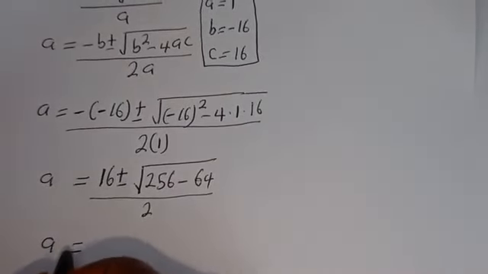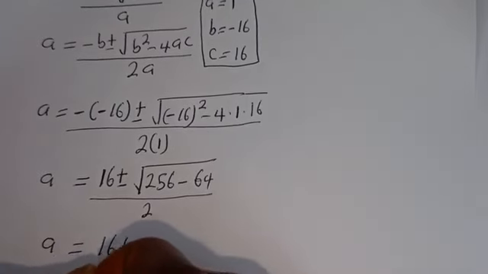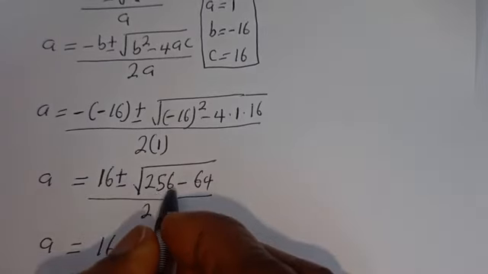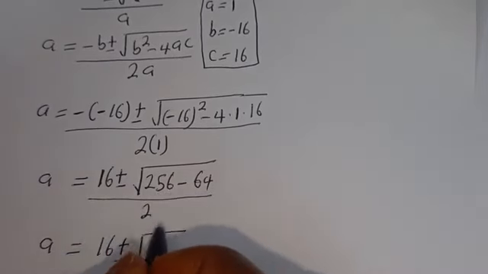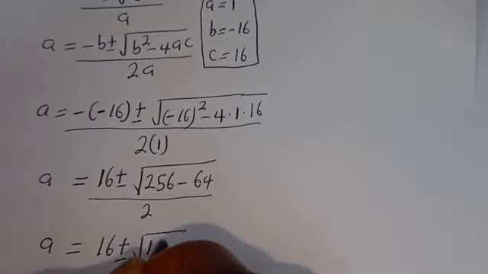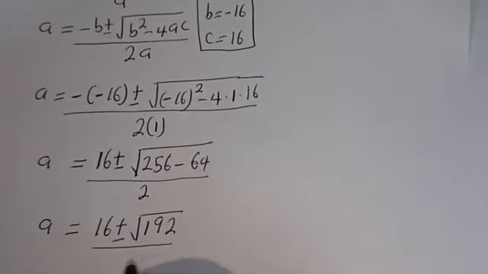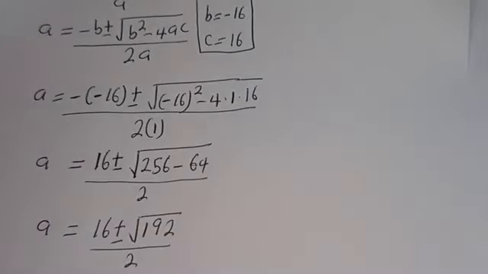A is equal to 16 plus or minus square root of 256 minus 64. That is 192. Then over 2.